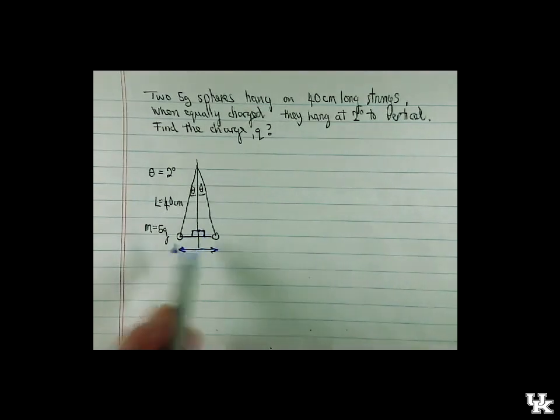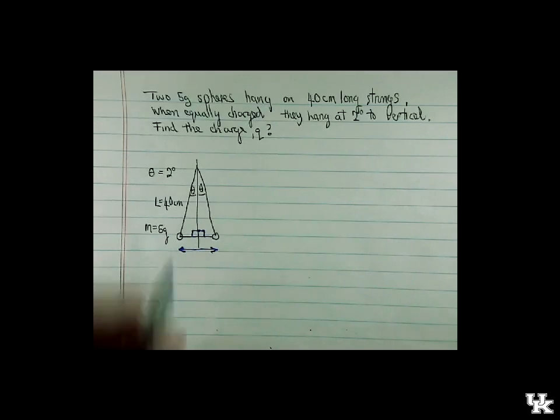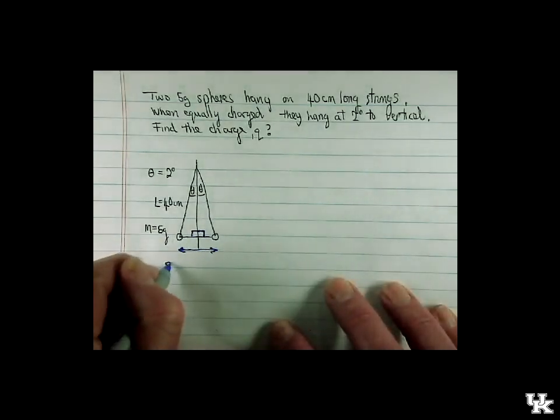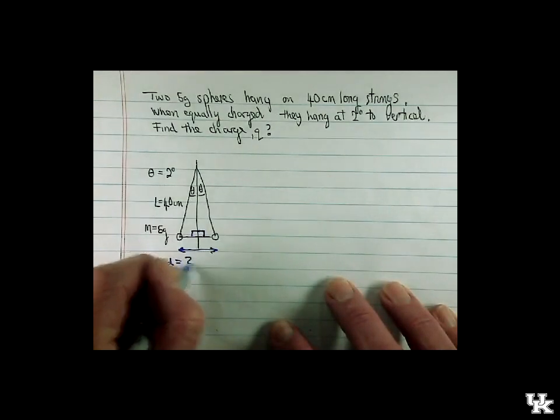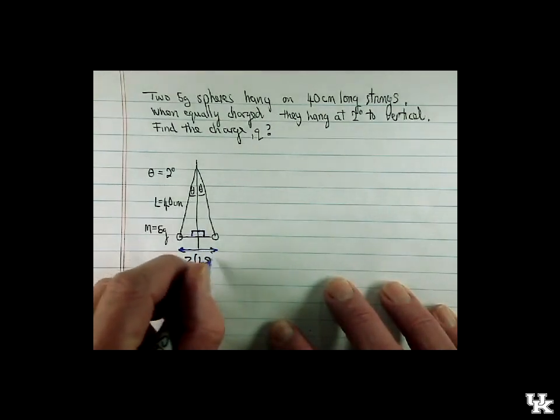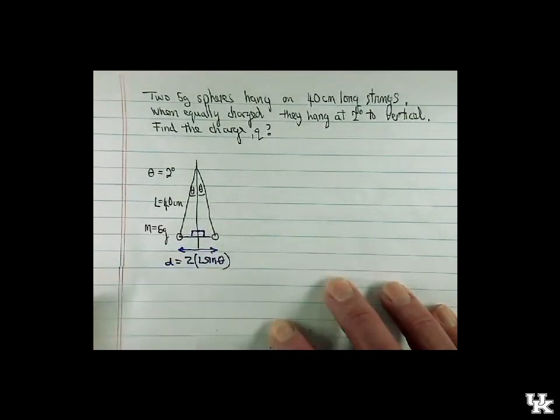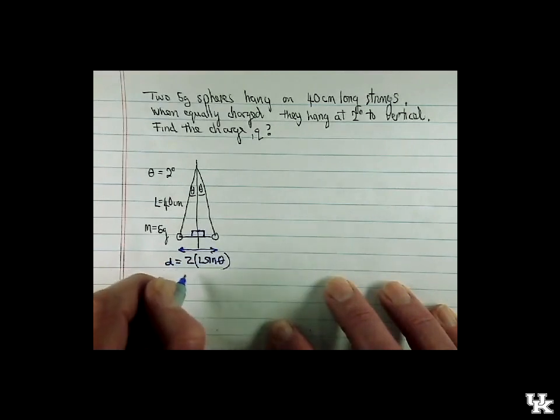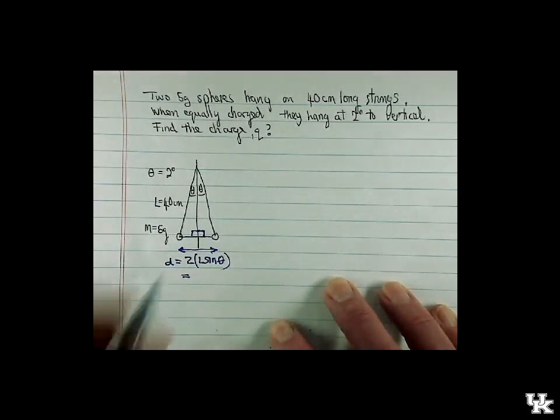The horizontal side of each triangle, opposite the angle, is the hypotenuse L times sine theta. With two of them, the separation between the two spheres, I'll call it D, is 2L sine theta. I already worked this out. It comes out to be 2.8 centimeters.